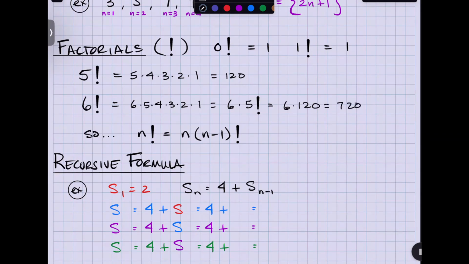Does that make sense? That's the reason why they have this equation here. N factorial is just n times n minus 1 factorial. Because that's what this is saying, right? 6 factorial is 6 times n minus 1, so 5 factorial.